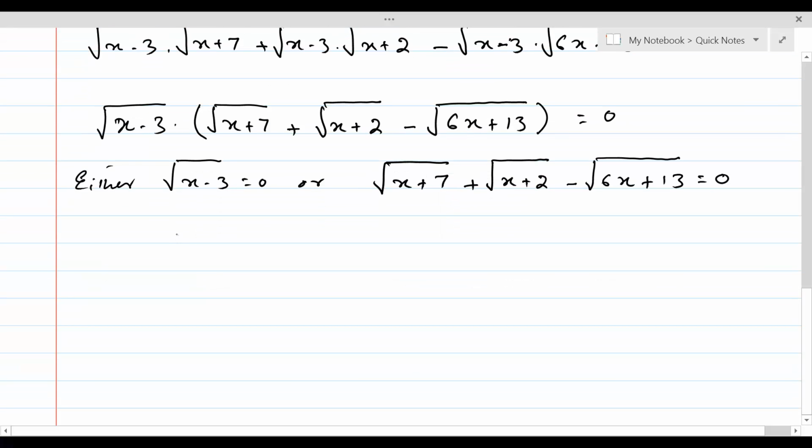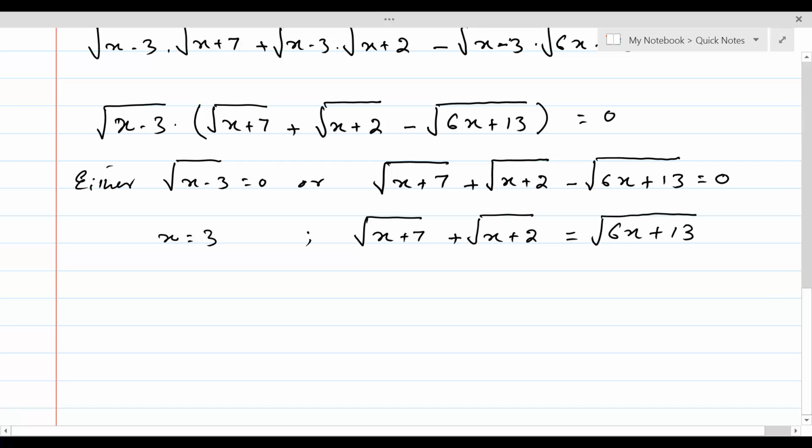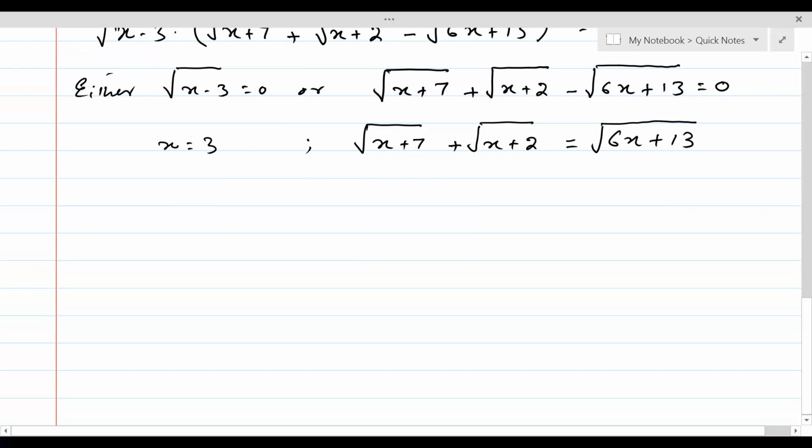From here we get x equal to 3, or we get square root of x plus 7 plus square root of x plus 2 is equal to square root of 6x plus 13, which is exactly of the type which we did in the previous lesson, and we will simply apply the same method to solve this kind of radical equation.